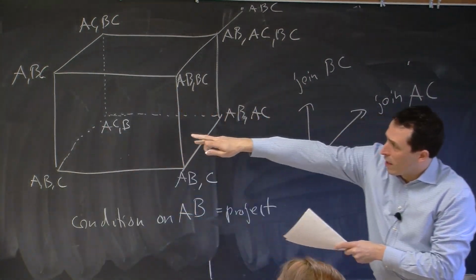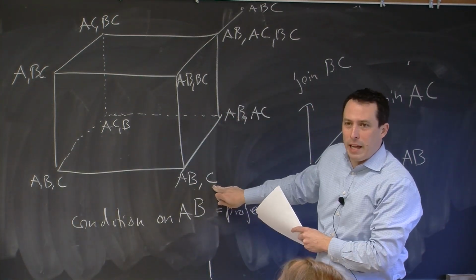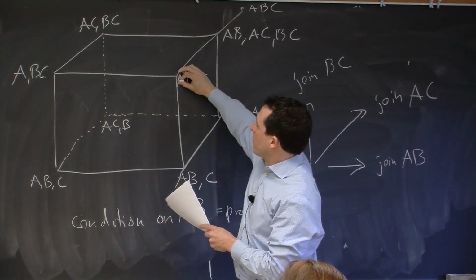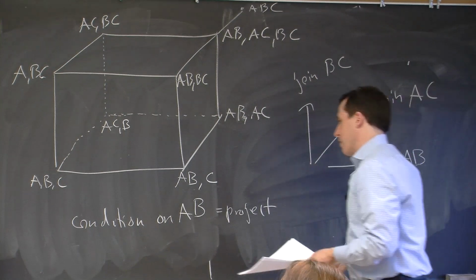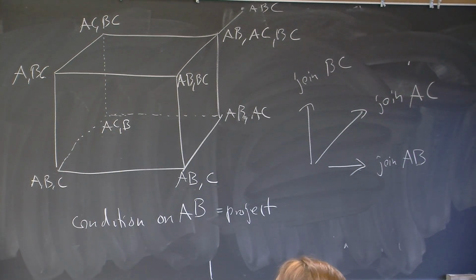So the models that are separated by adjoining AB, because that's what we're conditioning on, are the same. These two models are the same, these two are the same, these two are the same. So what we're left with is a square, or a hypercube of one less dimension, if we have more factors.